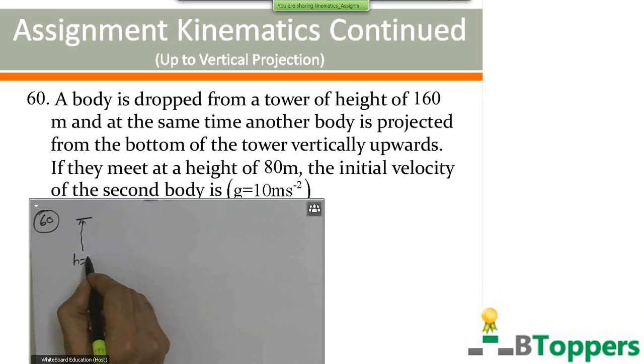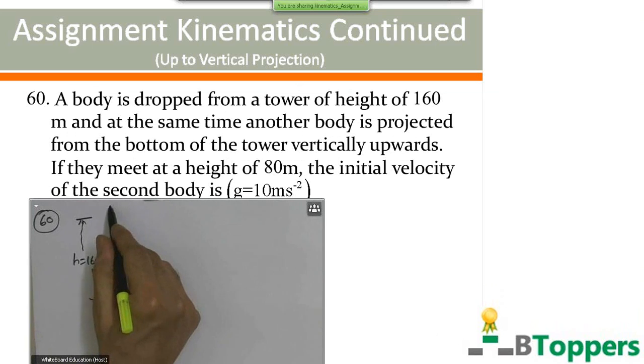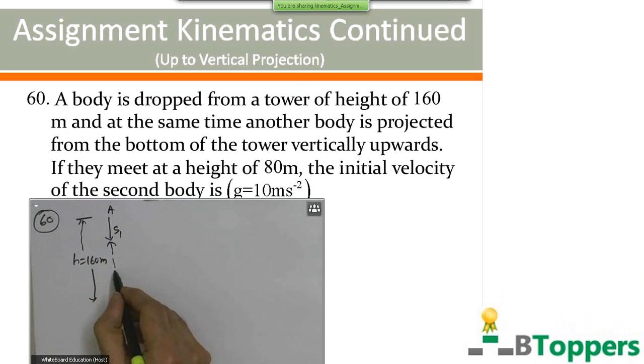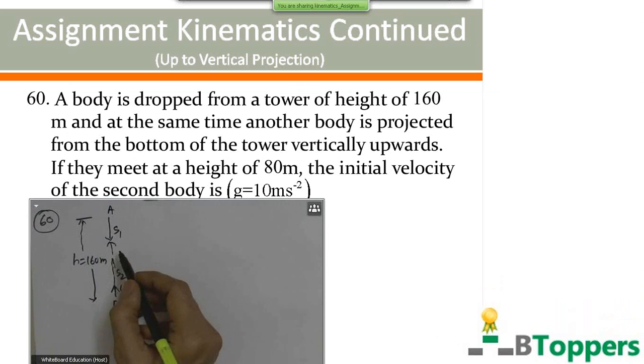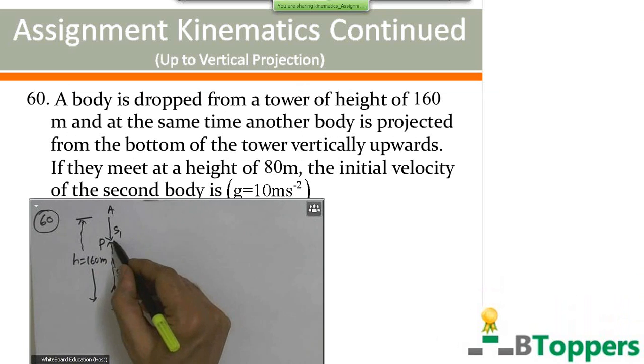Here h is given to be 160 meters, that is the initial height of the first body. Let us suppose the first body drops from the point A and travels a distance s1 before collision, and the second body travels a distance s2 before the collision, and the two bodies meet at the position P.